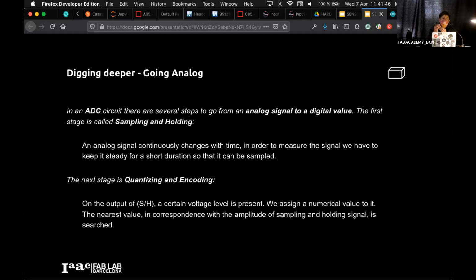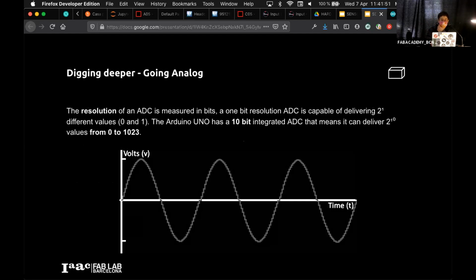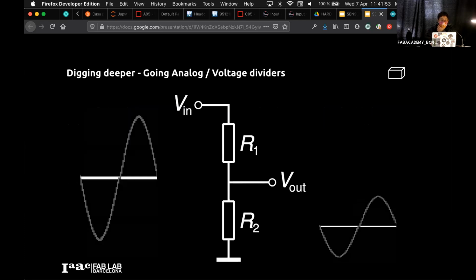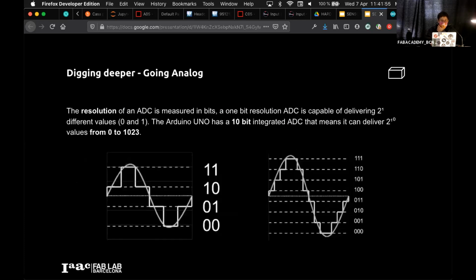I'm going to encode. Encoding means that we're going to convert that signal that we're receiving into a predefined set of numbers, and since we're using microcontrollers, we'll use binary.